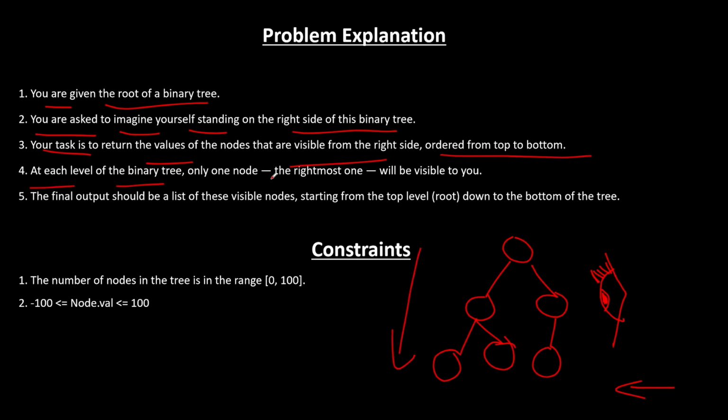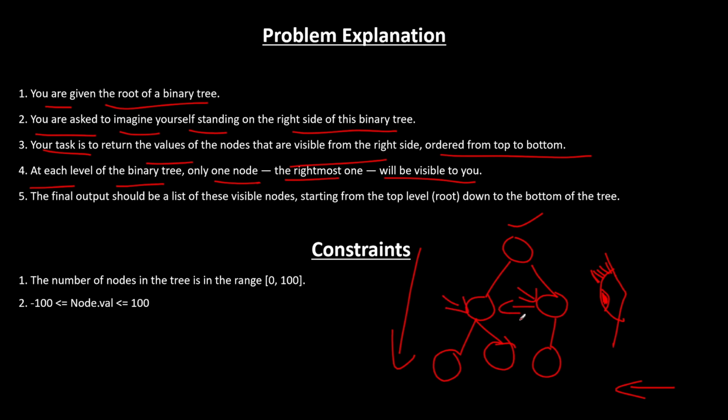At each level of the binary tree, only the rightmost node will be visible to you. Why? If you're standing here, you will see only this node from the right side, correct? Then if you come to the next level, this particular node is behind this particular node.